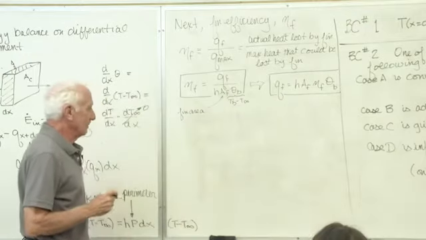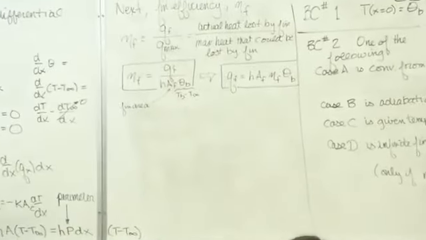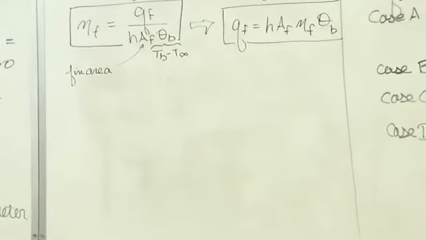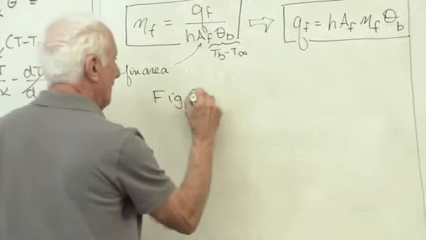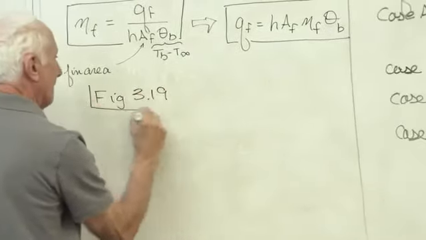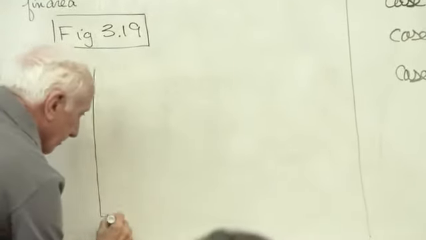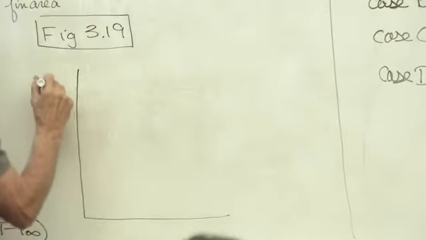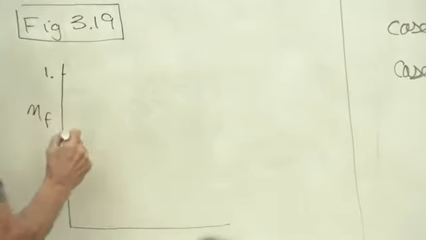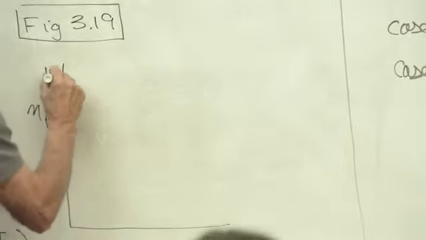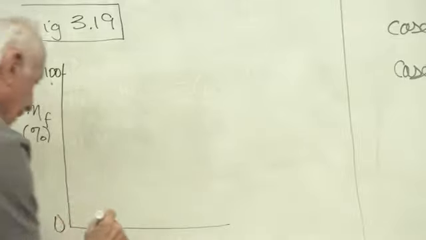Okay, so now, next step. How do we present this material? Okay, figure 3.19. Looks like this. Fin efficiency over here, 100 percent here, 0 down here.